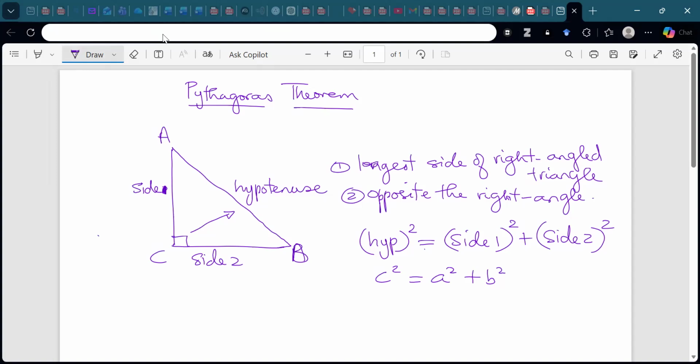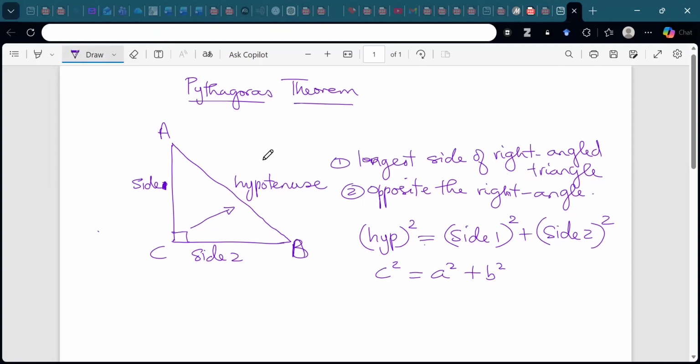So we do not want to think that if the vertices of this triangle were to change to P, Q, and R or KLM, then automatically the theorem can't work because we don't have A, B, and C. That's not how it is. The theorem is how the formula is written and not what letters are used, right? So it's not letter sensitive. You're going to learn about different aspects of a right angle triangle, which will also involve the trigonometric ratios, right?